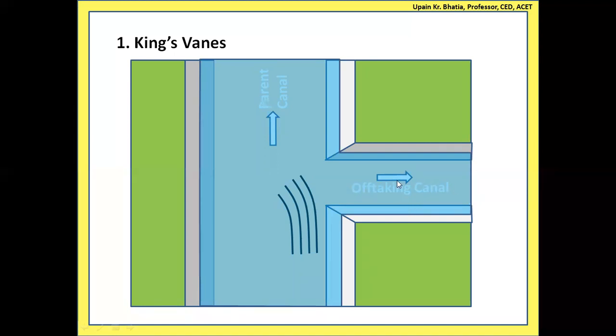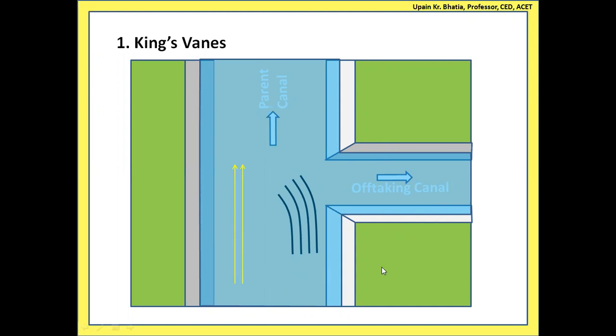The blue portion indicates the width of the water surface, which is more than the width of the bed but less than the top width of the canal, indicating the presence of water. Now we assume that water is flowing from bottom to top of your screen and from left to right into this off-taking channel also.